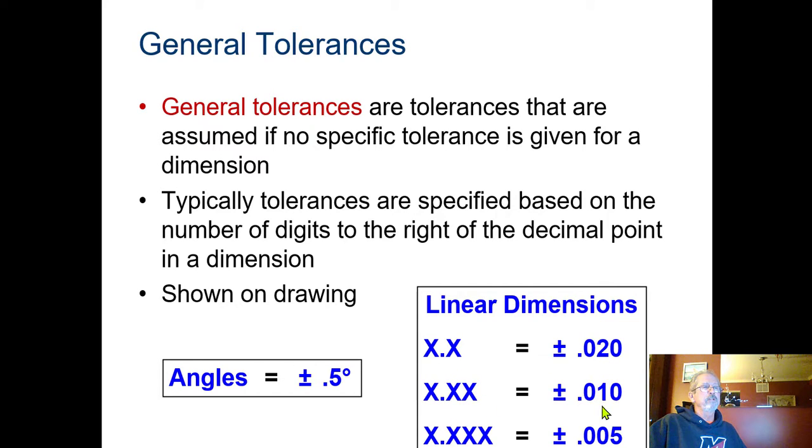If we have 2 decimal places, then our default tolerance is plus or minus 10 thousandths of an inch. And if we have 3 decimal places and we don't have anything specified, it is defaulted to plus or minus 5 thousandths of an inch. So our total tolerance here is 40 thousandths. Our total tolerance here is 20 thousandths, and our total tolerance here is 10 thousandths, because remember, we're going plus and minus, we're going in both directions.